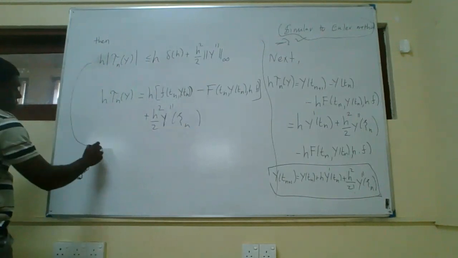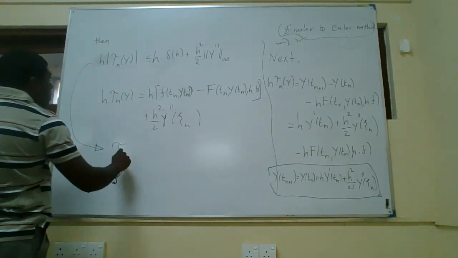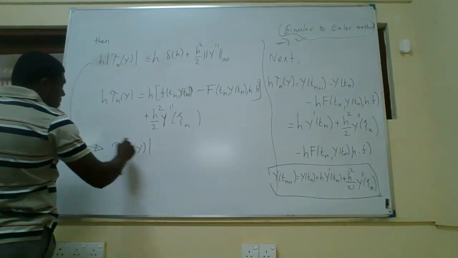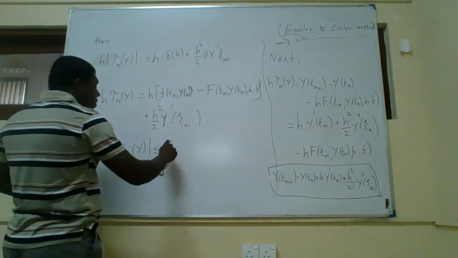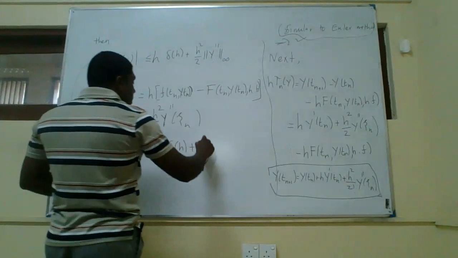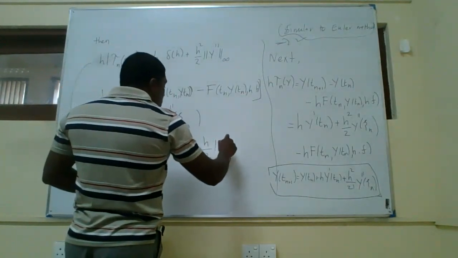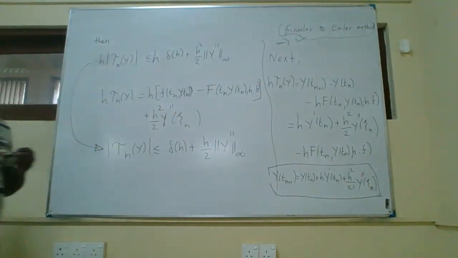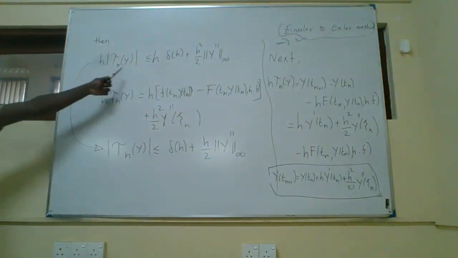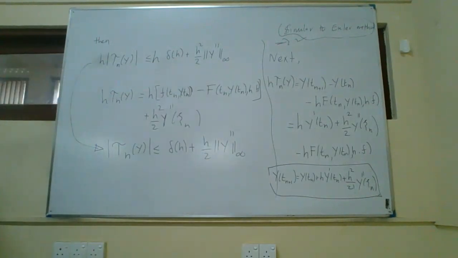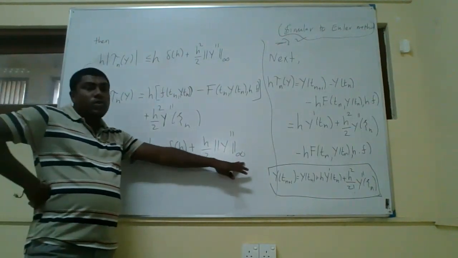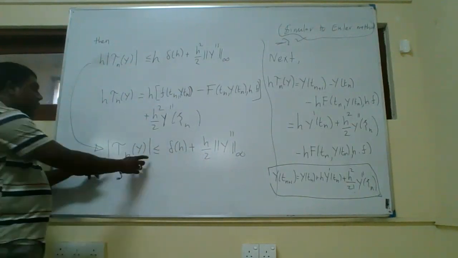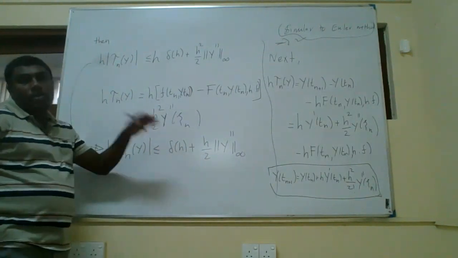So from this, what you have is the absolute value of tau_n of y is less or equal to delta h plus h over 2 times the infinity norm of y''. So this is what eventually you have, right? When you cancel out h, you end up with this. And from this, you can see that as h goes to 0, this clearly goes to 0, as long as delta h goes to 0.